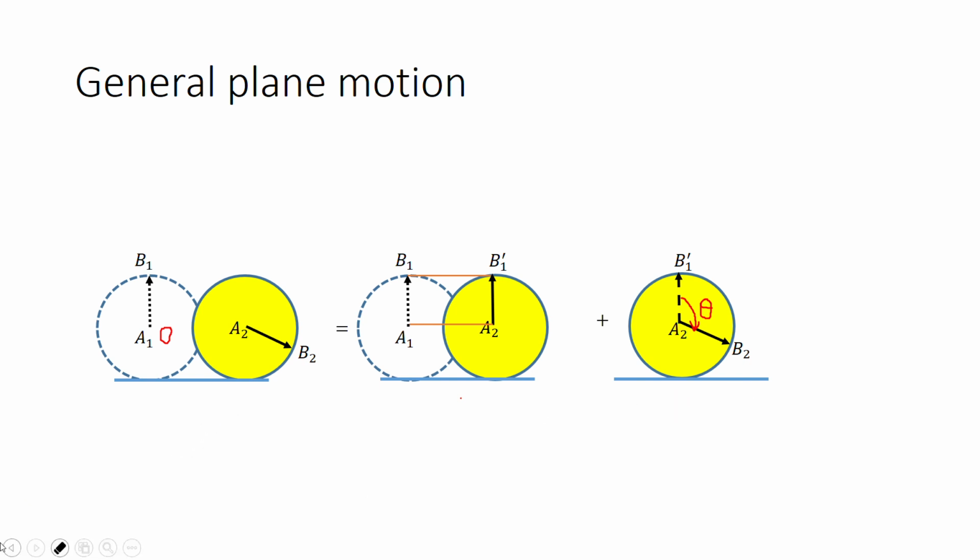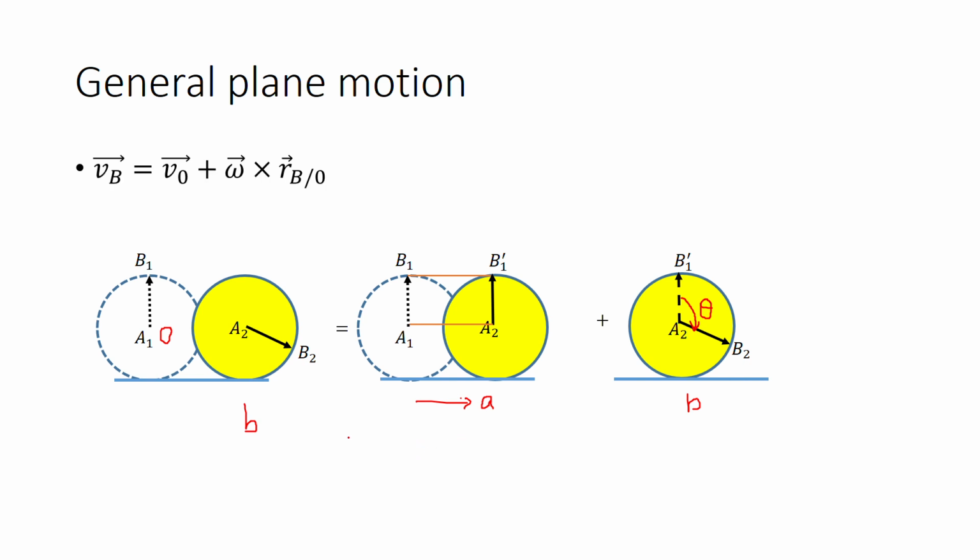From here to here we have A, and from A we reached B. So the motion can be decomposed into translation as well as rotation.